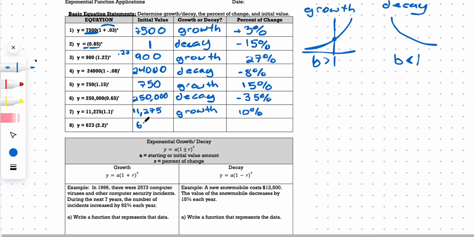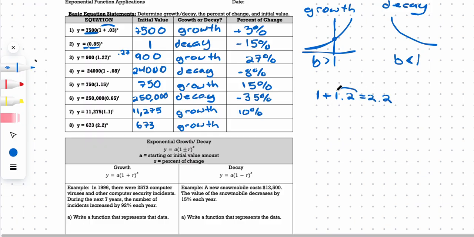Here, 673 is our a value. That's our number out front. Here, we have 2.2. 2.2 is greater than 1. So this is going to be growth. Now, how much greater is 2.2 than 1? So it's going to be 2.2 is 1 plus 1.2, right?